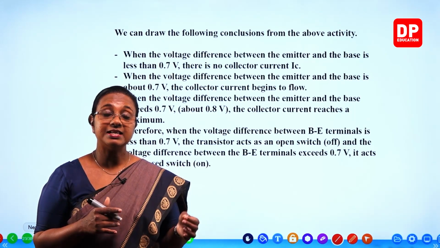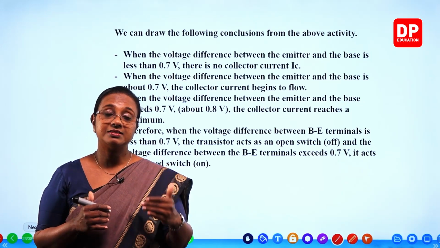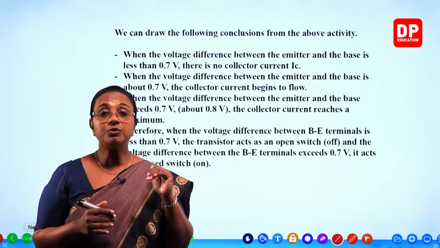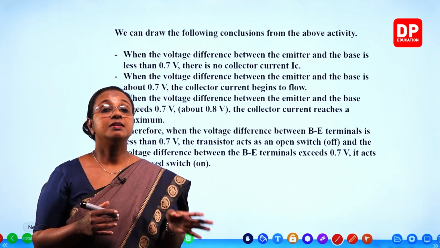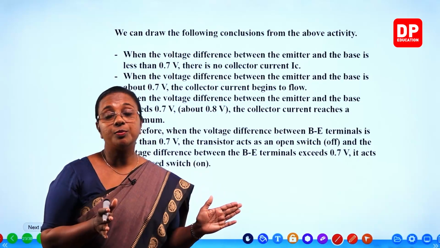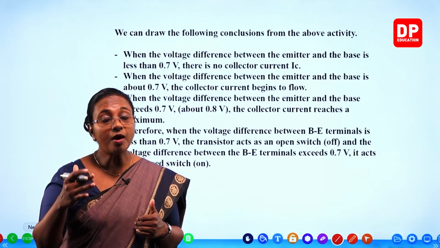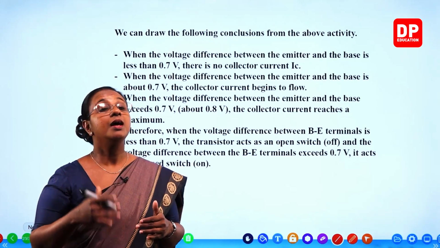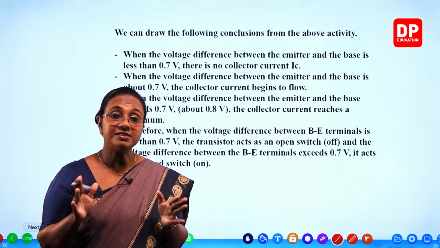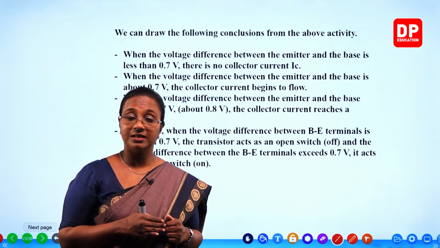The brightness is less, but still the bulb lights up. So that means the transistor starts acting as a closed switch. Thereafter, up to 0.8 volts, the transistor is a closed switch. Or we can say below 0.7 volts, the transistor is an open switch, and from 0.7 up, the transistor acts as a closed switch. So that is how the transistor acts as a switch in electronic circuits.